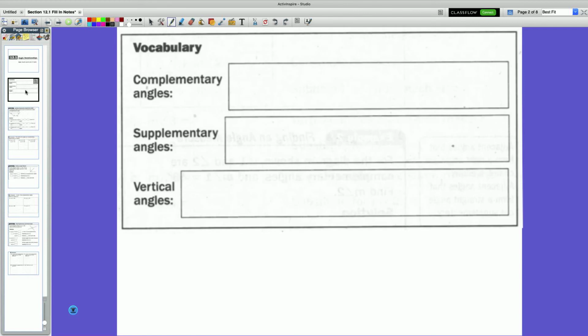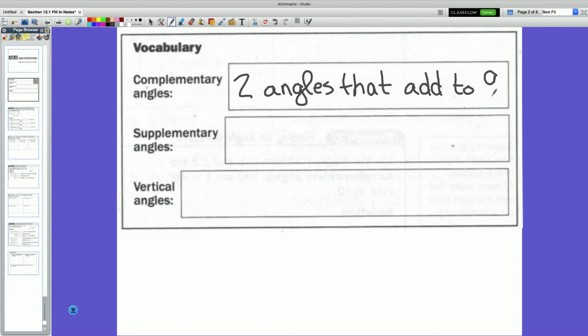We have complementary angles, which are two angles that add to 90 degrees. Supplementary angles are two angles that add to 180 degrees.